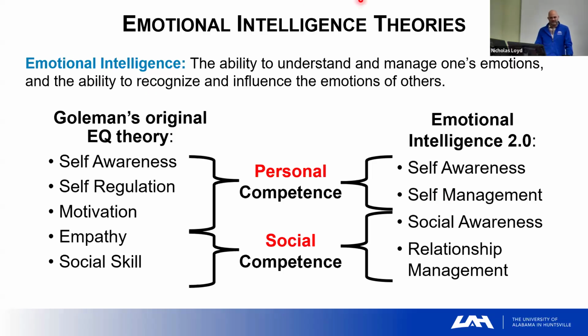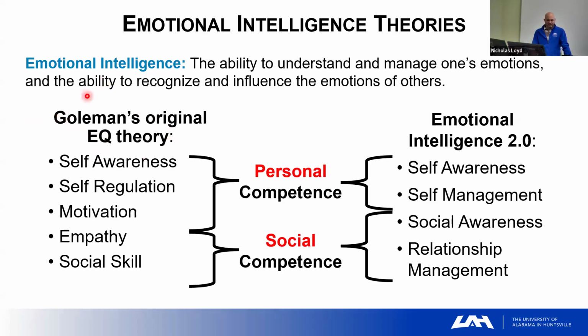So one of the earliest theories on emotional intelligence, and you may see it called, and I'm guilty of calling it both things interchangeably, don't get confused, they mean the same thing. Sometimes you'll see EQ, which is just juxtaposed to IQ, intelligence quotient, or EI, which is emotional intelligence, either way.